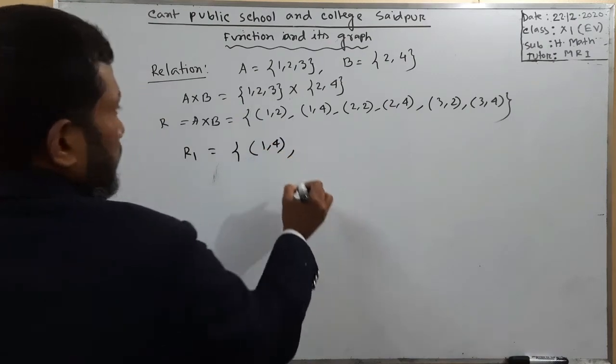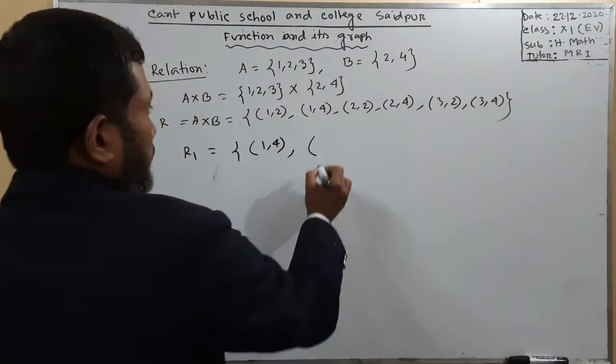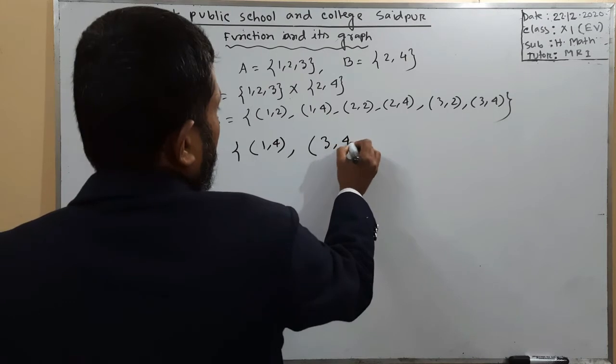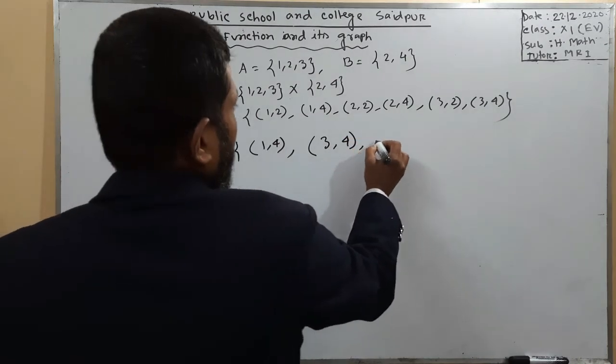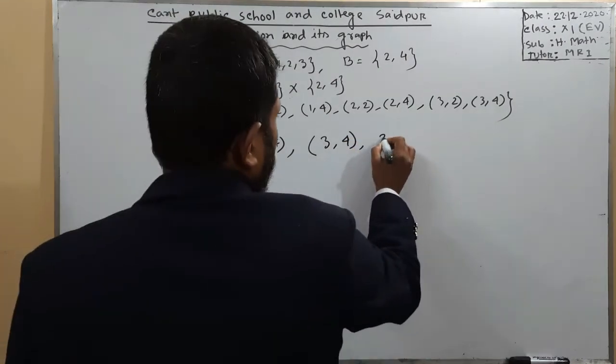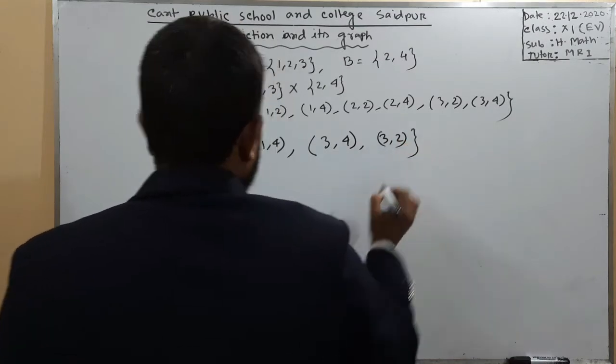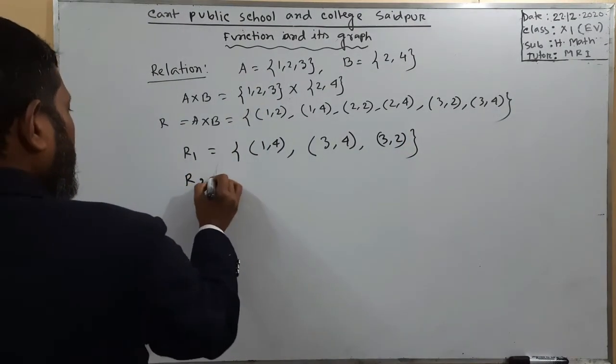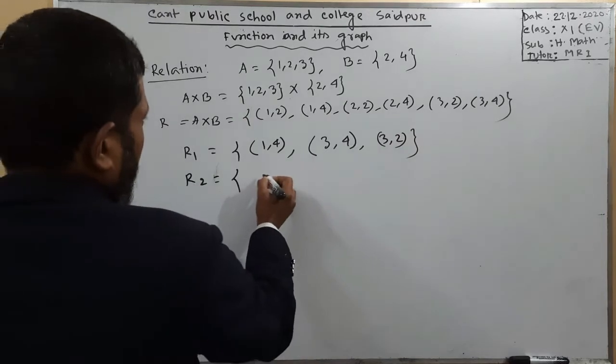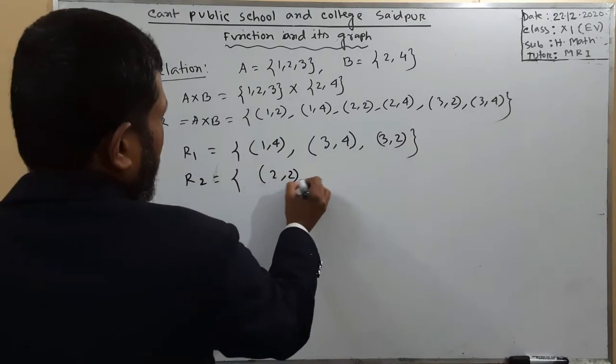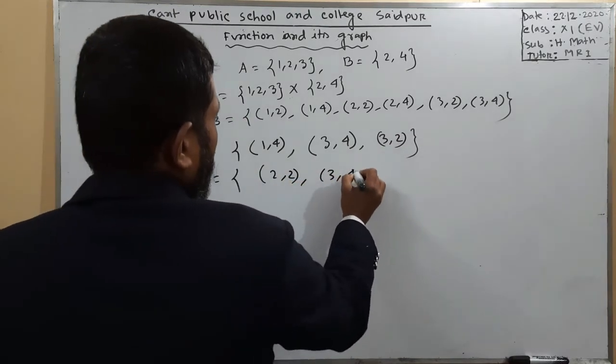Suppose R1 is (1, 4), (3, 4), (3, 2). R2 we may write as (2, 2), (3, 4).